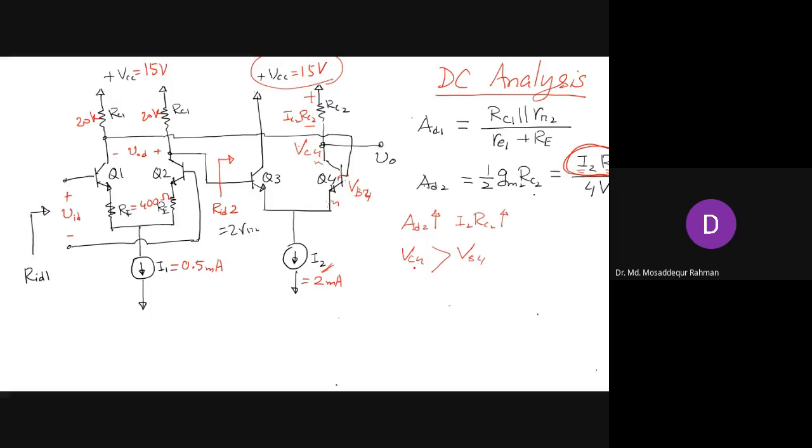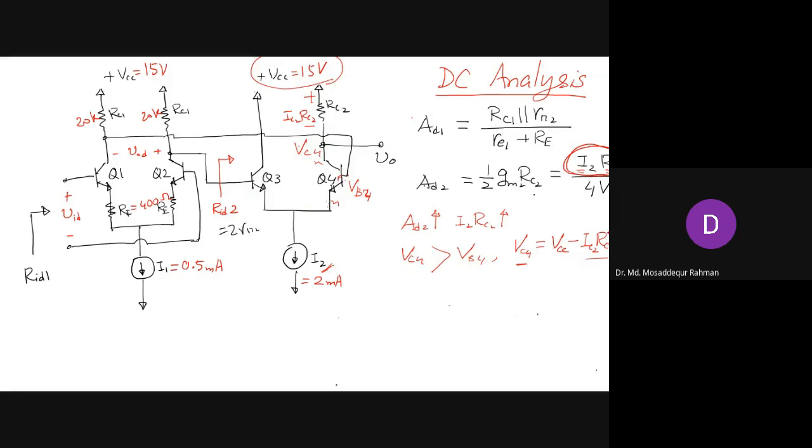VC4 is given by VCC minus IC2 RC2. So if you increase this voltage drop, VC4 will reduce.